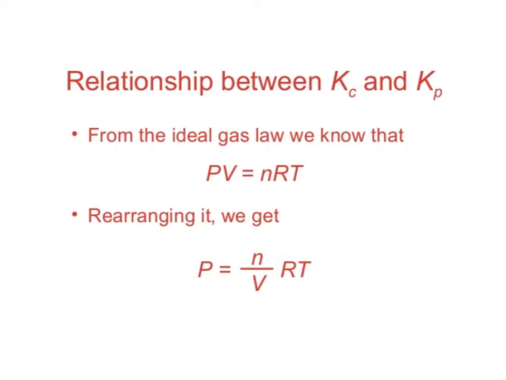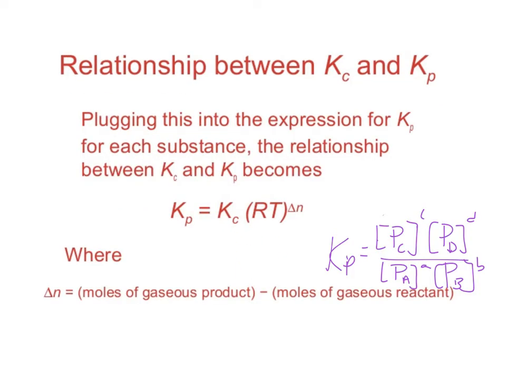And our number of moles is going to be our coefficients, by the way. So if we were to plug that into this expression for Kp that we said 2 slides ago, we could come up with an equation to translate the equilibrium constant for concentration to the equilibrium constant for pressure, if we wanted to. And this power, this change in number of moles, is equal to the moles of gaseous product minus the moles of gaseous reactant.